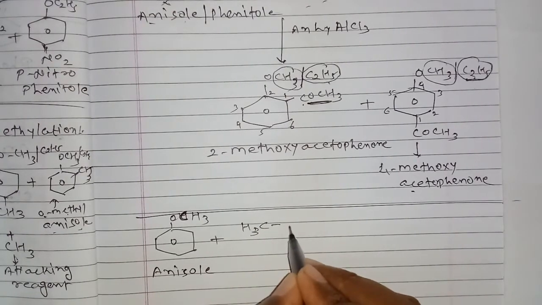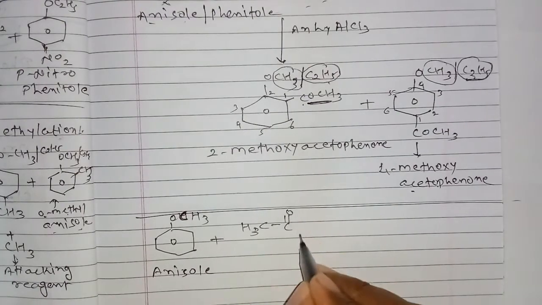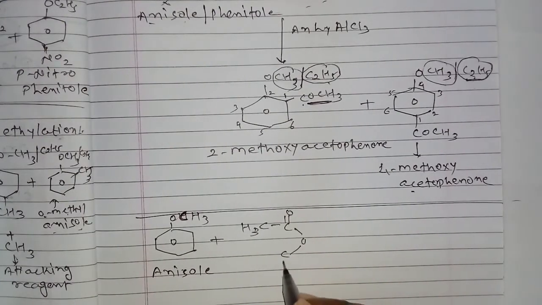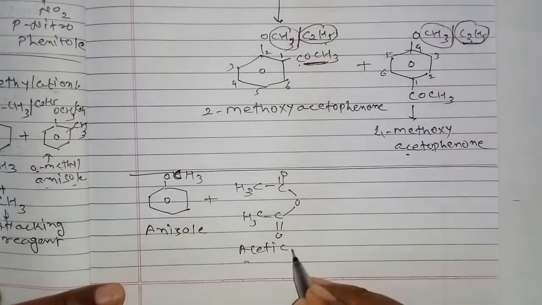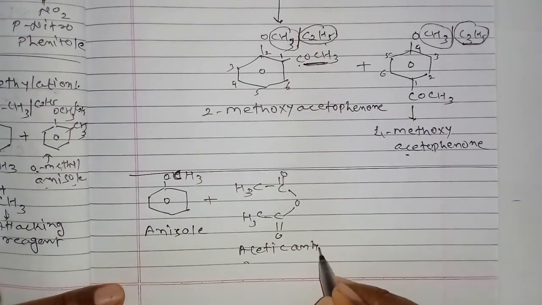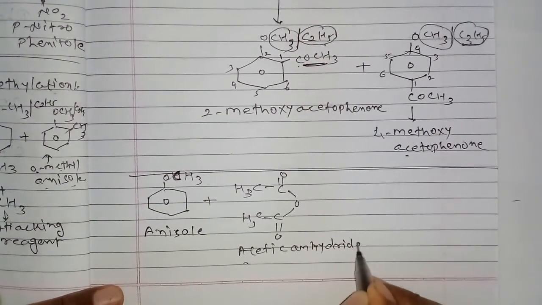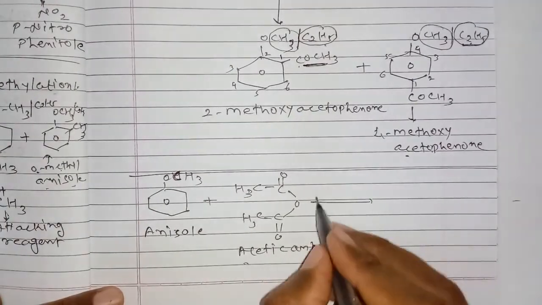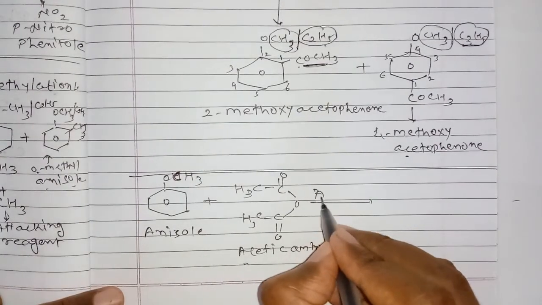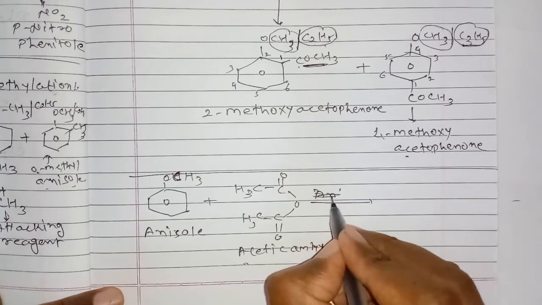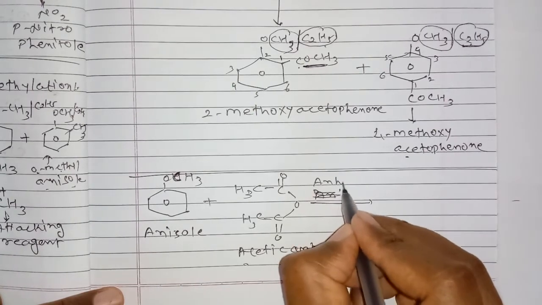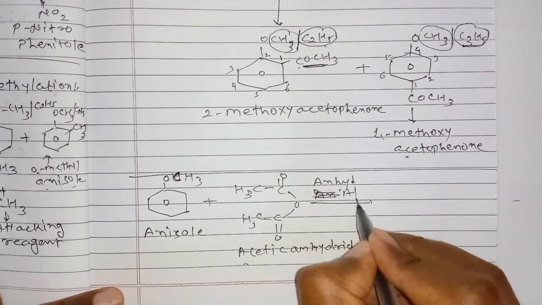It is written as slightly different, acetic anhydride reacts with anhydrous AlCl3.